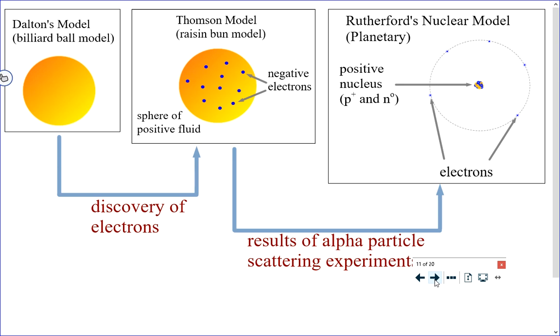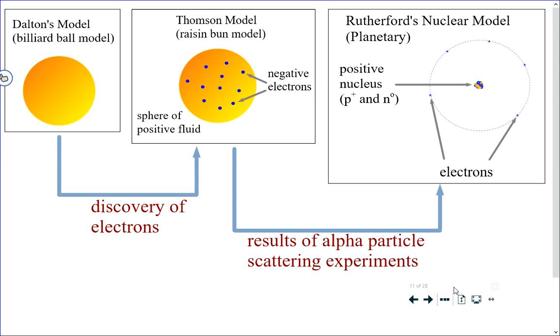It is an expectation in this course that you understand how to go from one model of the atom to the other in terms of what happened historically to cause that change to take place. So the discovery of electrons led to Dalton's model of the atom being modified to Thomson's model of the atom, and alpha scattering experiments resulted in the need to take Thomson's model of the atom and further modify it by creating the nuclear model of the atom.